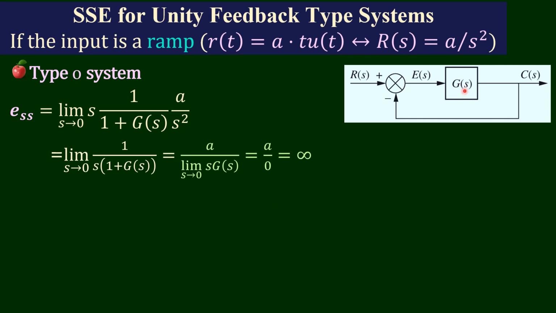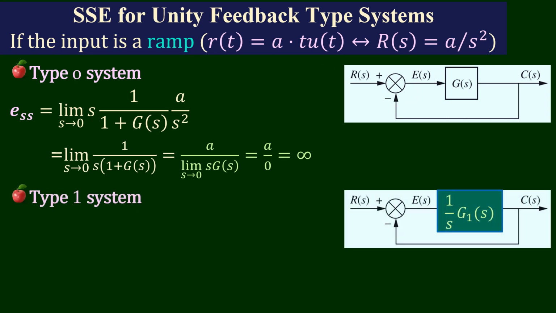If the system becomes a type 1 system, then what will happen for the steady state error in the closed loop? So here again we write this, the system is over here. So again, like E(s), we can write like this. We repeat the same equation over there.